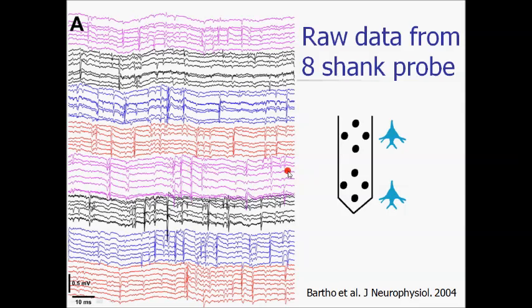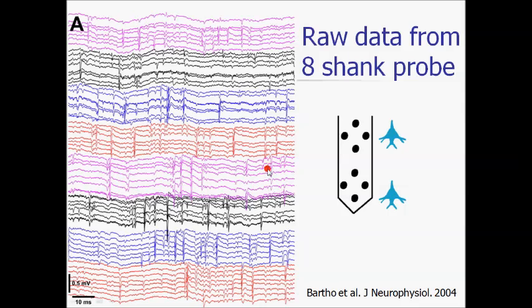One thing to notice is that, for example, these spikes are different from these spikes. It means that there was some neuron which was probably closer to these electrodes but quite far from these. But these spikes are probably coming from another neuron which was at more or less equal distance from all those electrodes.